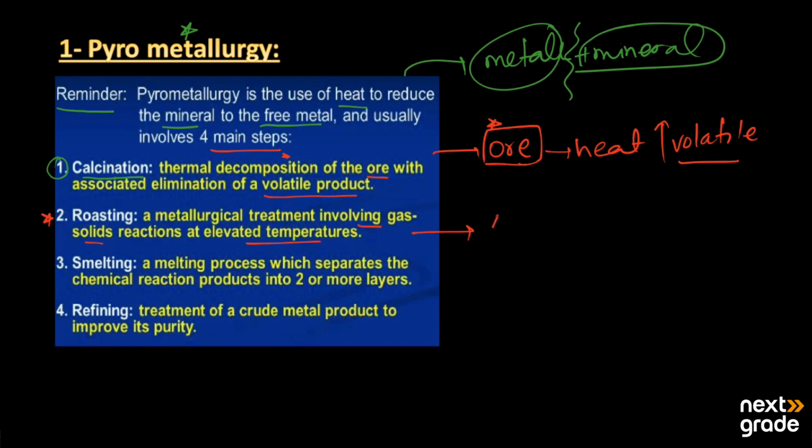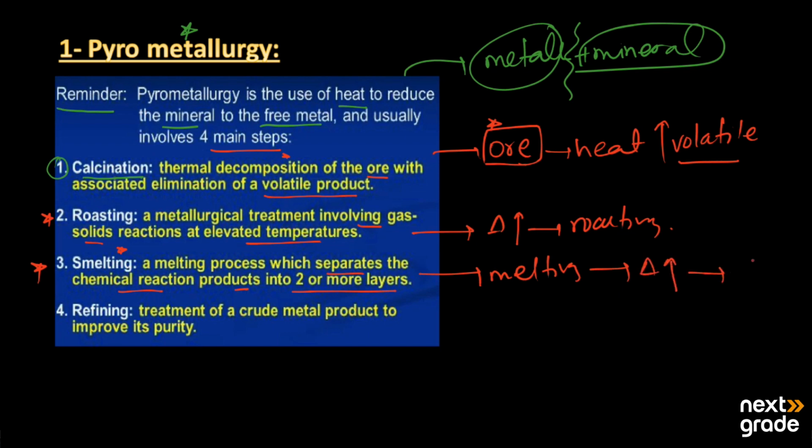Here the temperature is increased. This process is known as the roasting process. Then the third is smelting. Here the melting process separates the chemical reaction products into two or more layers. Heat is provided and the material is converted into two layers.